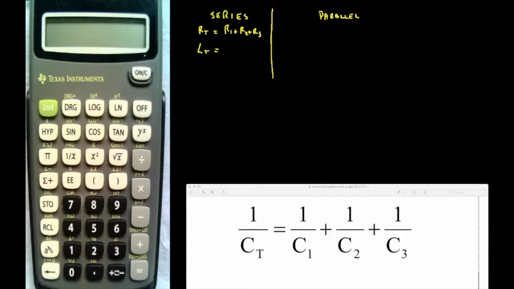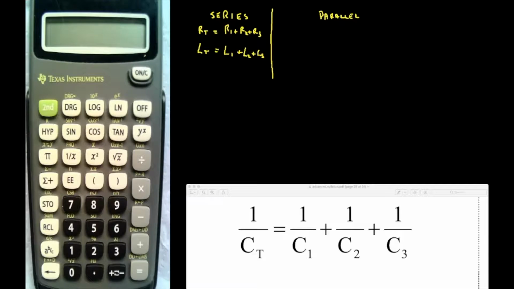L total equals L1 plus L2 plus L3, etc. So resistors and inductors are pretty much the same in the structure of the formula used to evaluate the equivalent. Of course, it's ohms for resistance and henries for inductance.